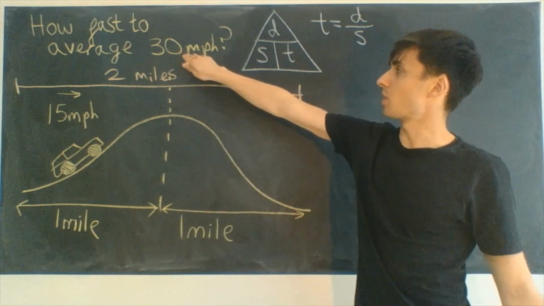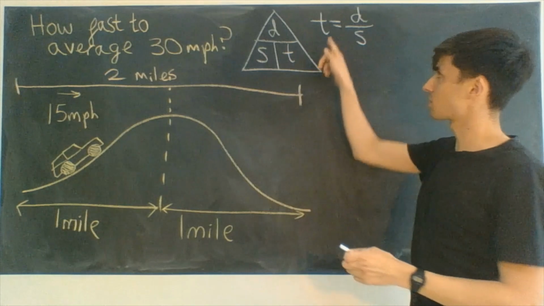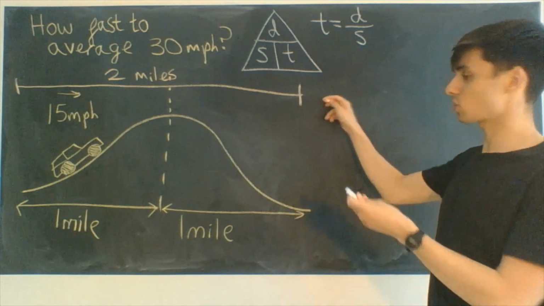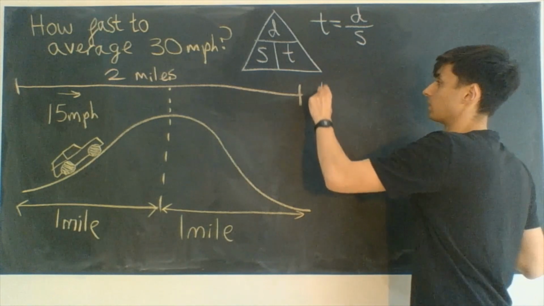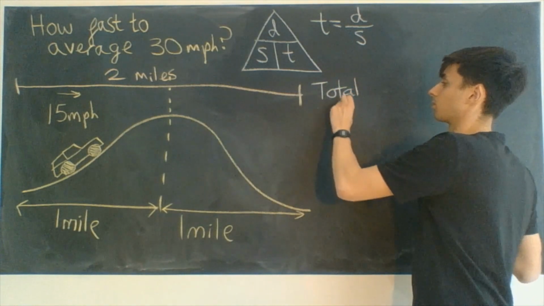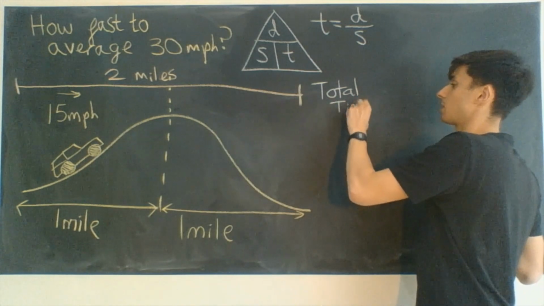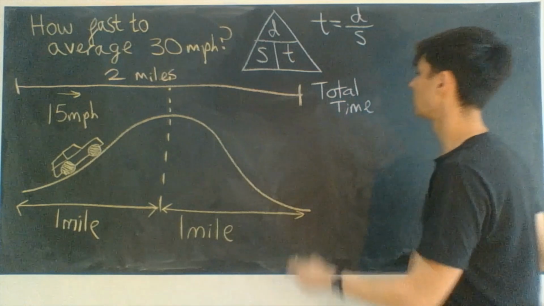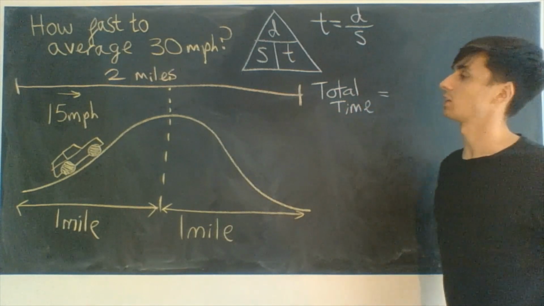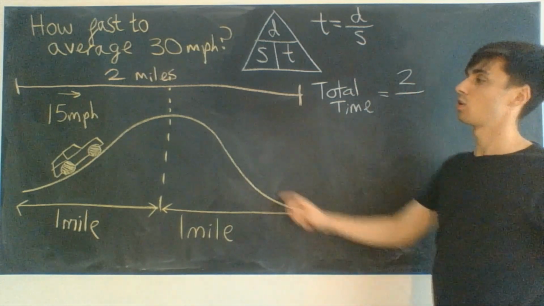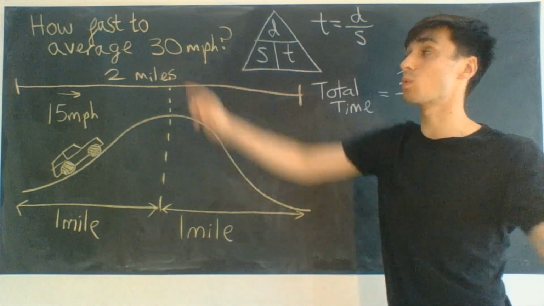So if I know my speed and my distance, I can work out the time that should take me. And let's call this time our total time. That should be the time for the entire uphill and downhill. And our total time is going to be the distance 2 over the speed, which is 30. That's what we want to average.